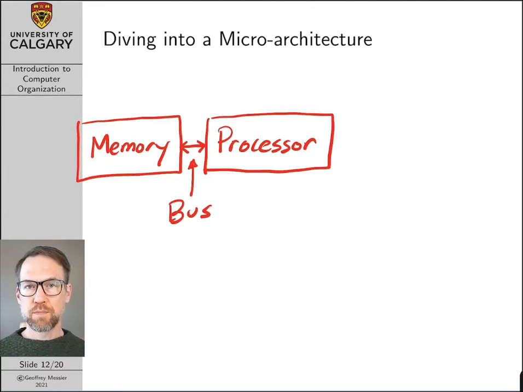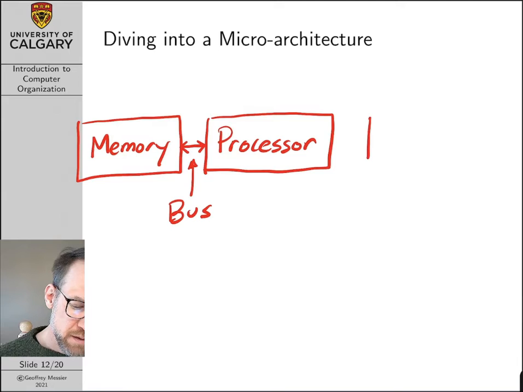A bus refers to the electrical connections that exist between the components of our microarchitecture. Sometimes we even refer to them as wires, but in reality, they are incredibly thin strips of metal that are laid down on the silicon chip where we're implementing the rest of our microarchitecture.